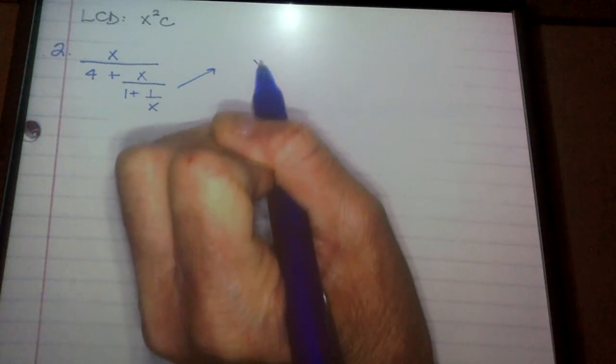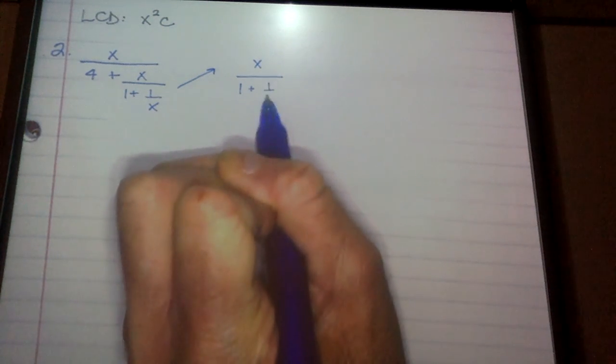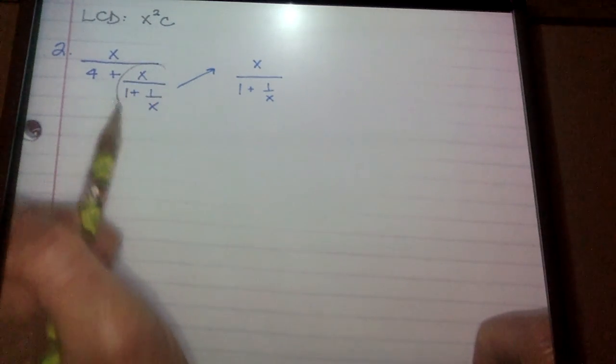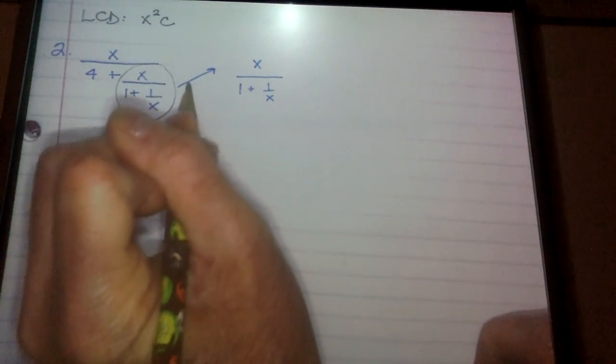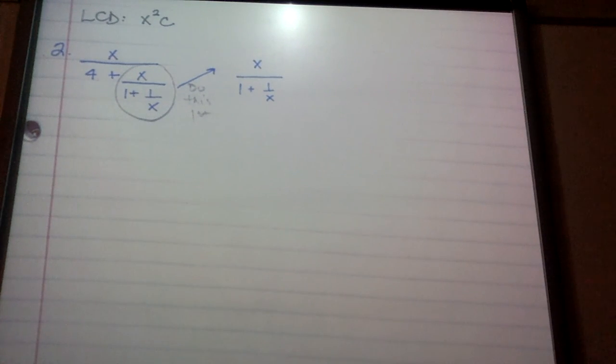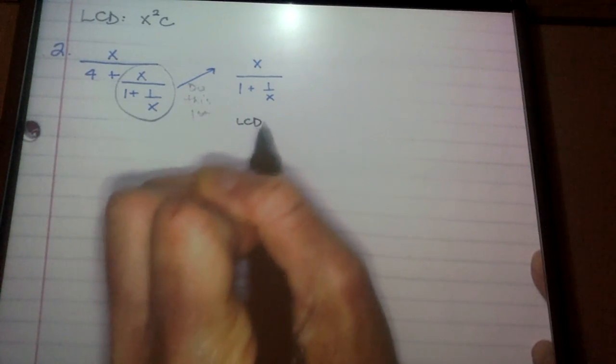So the first thing I'm going to do is rewrite that bottom complex fraction. So I have x over 1 plus 1 over x. Okay? So I'm just simplifying this part here. I have to do this first. Now the LCD here is just x.